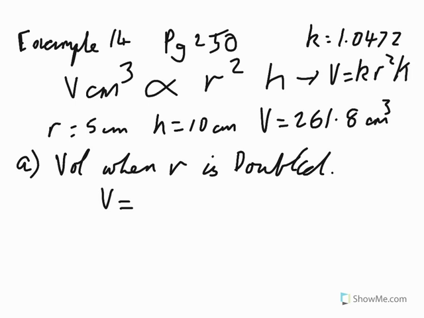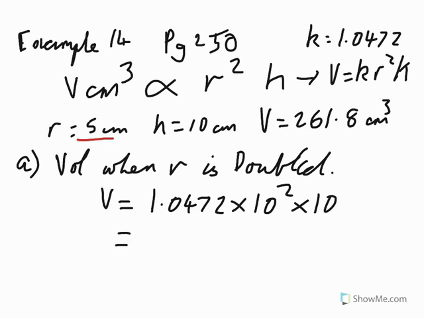Okay, so K we found out to be 1.0472 times the radius. The radius is doubled. Now the radius over here was 5, so if the radius is doubled, that means the radius is now going to be 10, so 10 squared, and we're told that the height remains the same at 10.